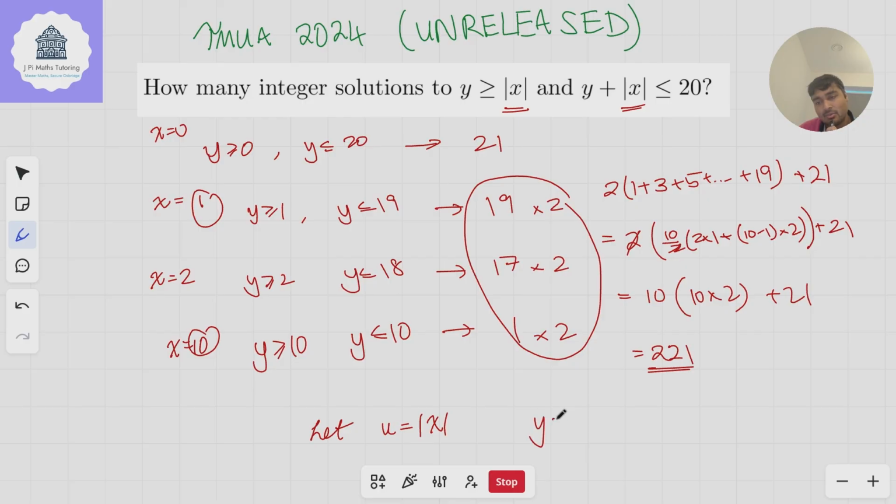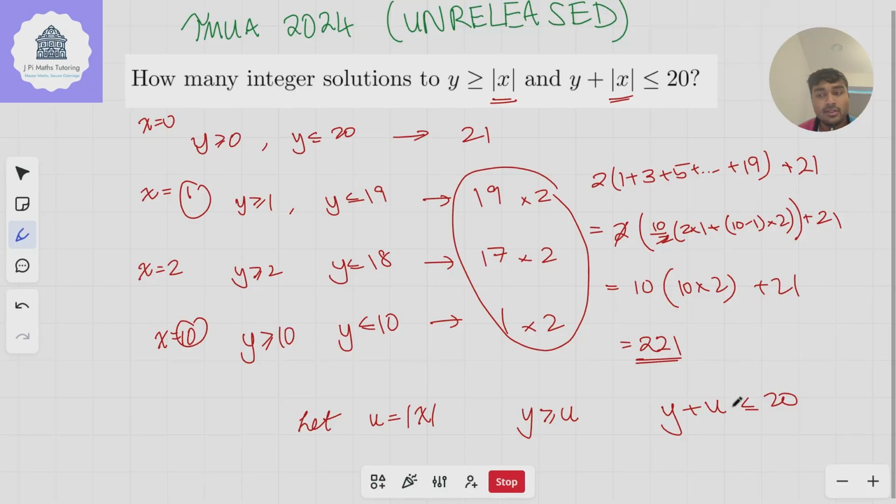And so now the question is, y must be at least u, and y plus u must be at most 20. And now you're just solving this set of inequalities. You can sketch this, and you've just got to remember u has to be at least 0, and you've also just got to remember this double counting for any positive values of u, and you get to the answer.